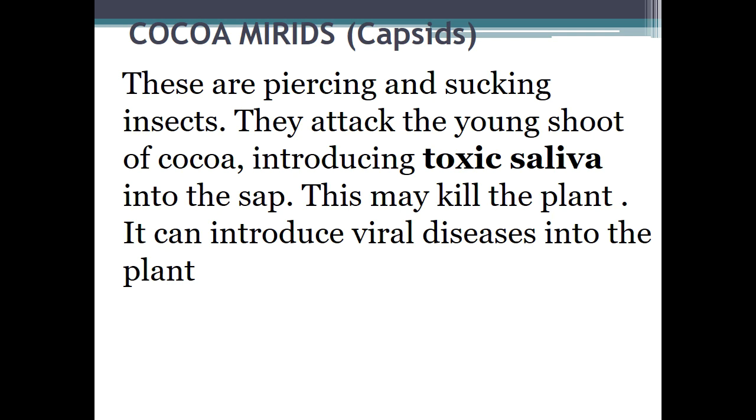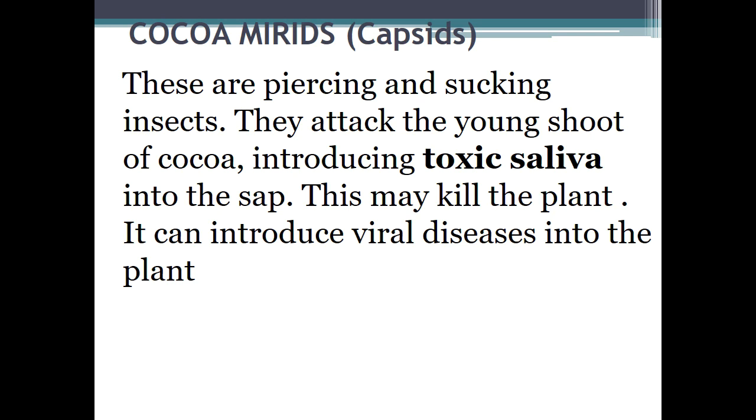Remember when we were looking at different types of mouth parts of organisms, we said we have organisms that we group as piercing and sucking, and these organisms have a mouth part characterized with a pointed proboscis that is able to make a hole or pierce into plants and suck out the nutritious part. So these cocoa mirids are piercing and sucking insects.